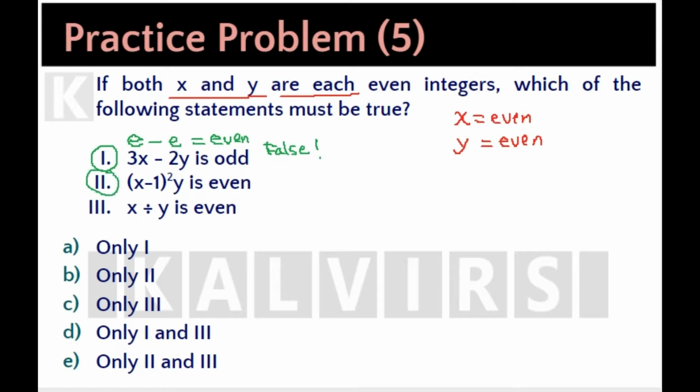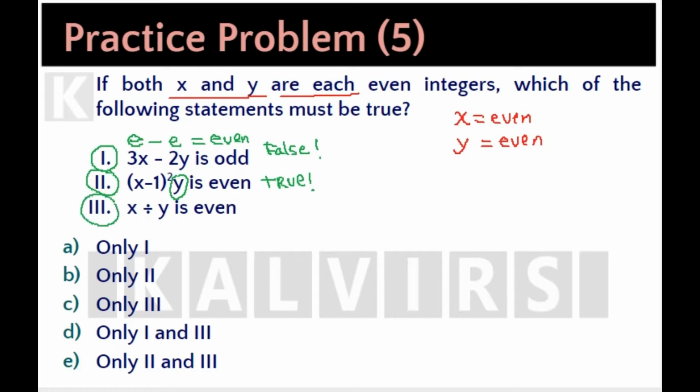Number 2. Statement 2 is true because such product has at least one even factor. This one is even, and even multiplied by any integer is always even. This one is true.